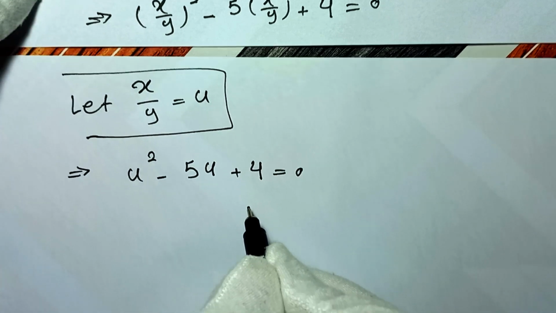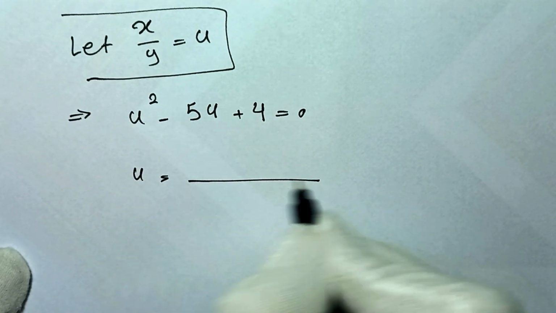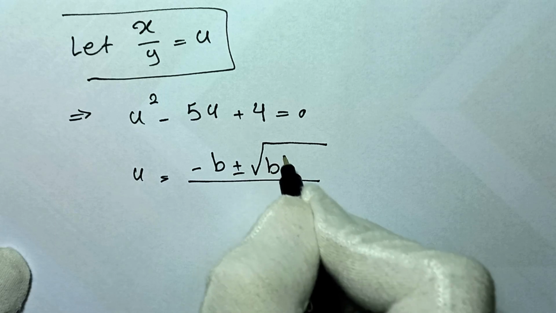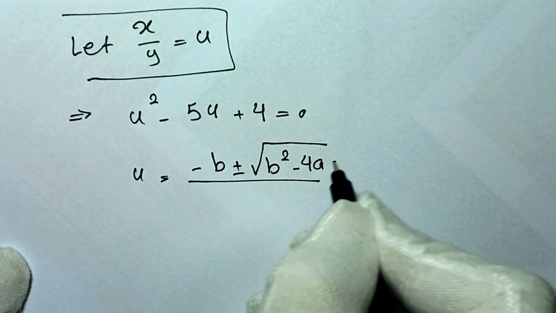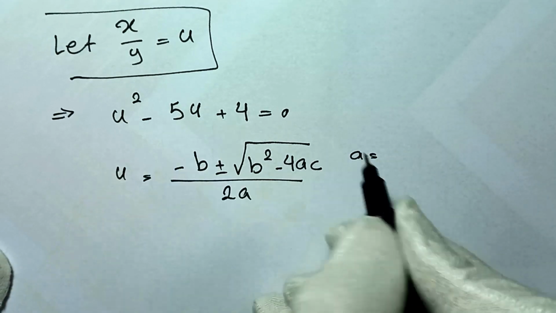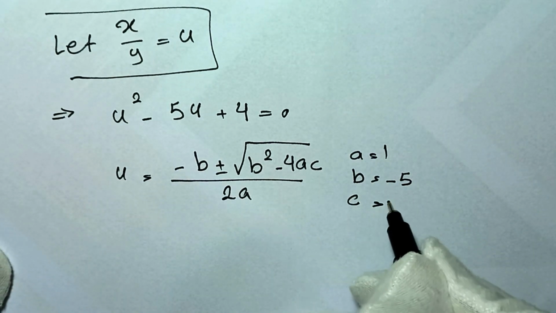And here we have a quadratic equation, and we use the quadratic formula, which is u is equal to negative b plus or minus the square root of b squared minus 4ac, over 2a, where a is the coefficient of u squared, which is 1, b is the coefficient of u, which is negative 5, and c is the constant, which is 4.